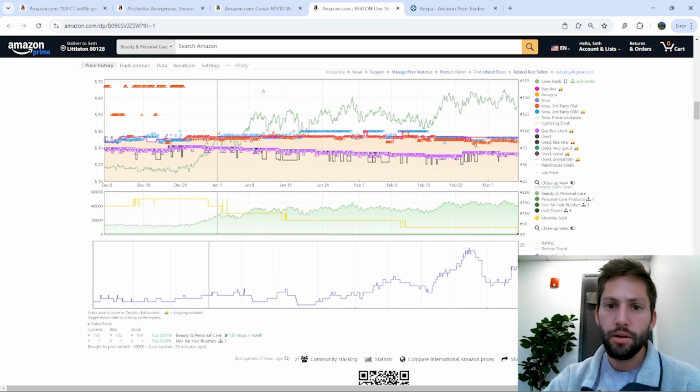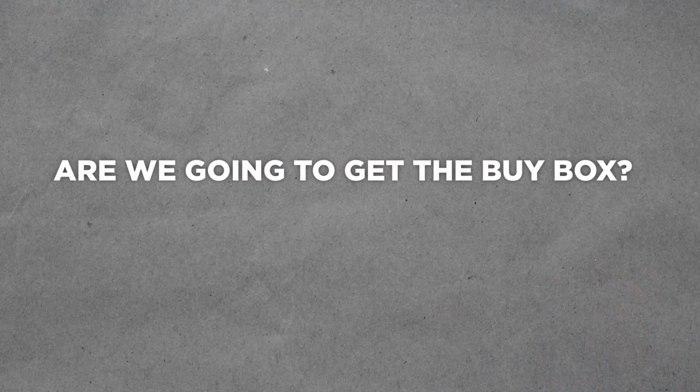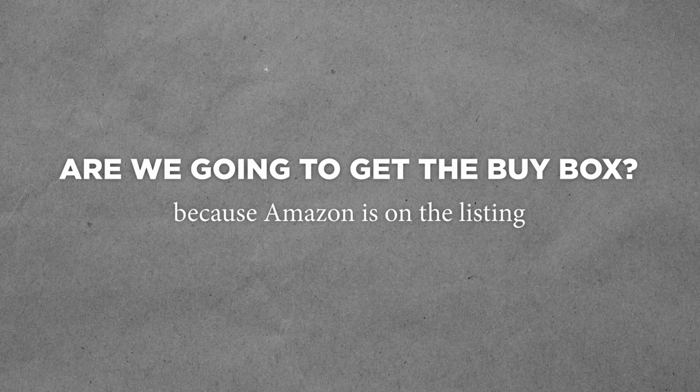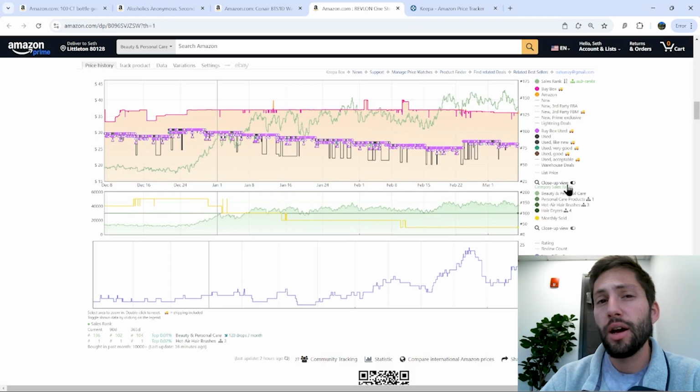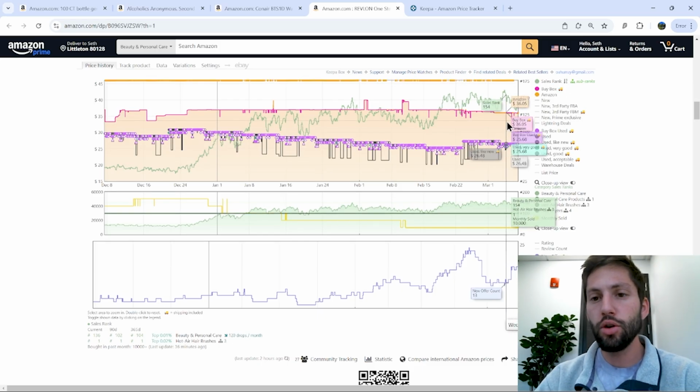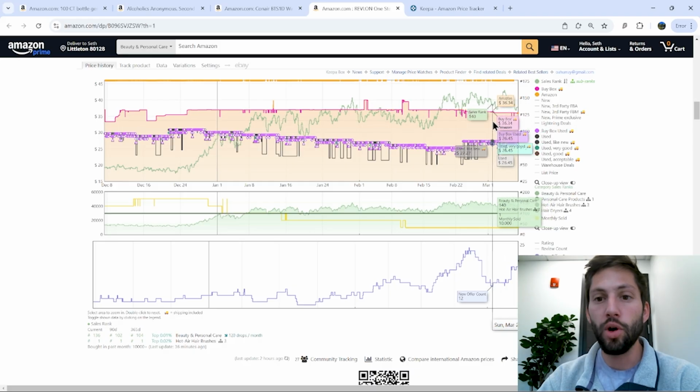So a main concern with this listing is, are we going to get the buy box because Amazon is on the listing? And so we can tell that in a couple different ways. You can hover over the buy box and you can see who is getting the buy box at that specific time. So we're hovering, we're seeing mostly Amazon.